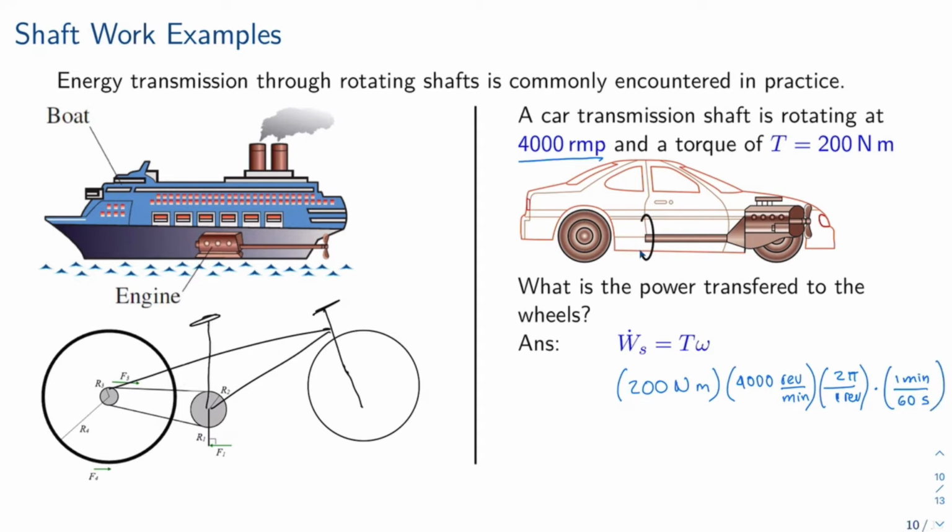When we do the simplifications, minutes cancel, revolutions cancel, and the final result is in newton meters per second. By using a calculator we can find that the power in the shaft is equal to 83,775 watts, which we can convert into horsepower, and is equivalent to 112.34 horsepower.